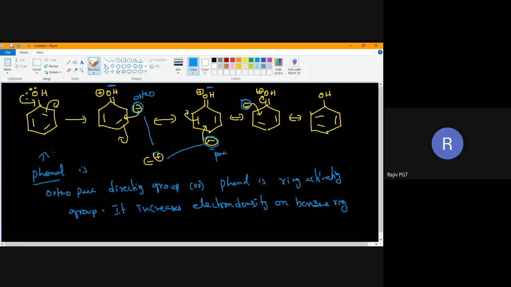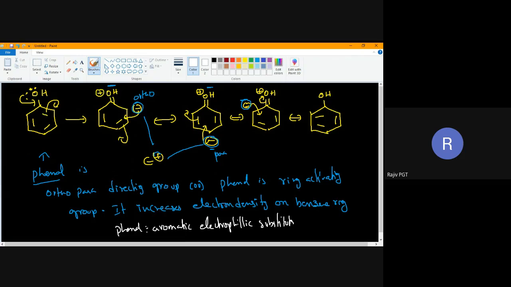Phenol shows aromatic electrophilic substitution. Phenol shows which type of reactions? Aromatic electrophilic substitution. Which electrophilic substitution reactions are we going to study?